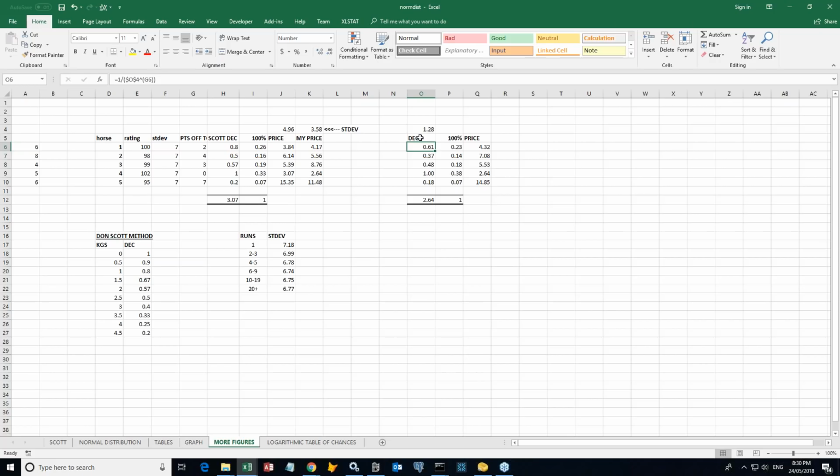That's how you work out their decimal probability, and then it sums up to 2.64. You normalize that back to 100%, and you come up with their probabilities, and that equals their price. In this scenario, this guy is $2.64, which is just coincidentally exactly the same as that there. But for example, this one is 553 compared to that was 876. That's to do with the standard deviations, obviously.